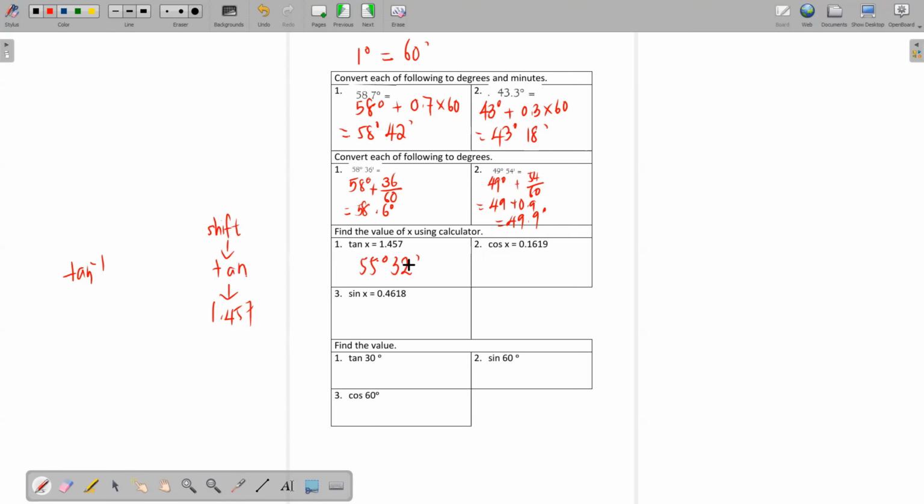Next, cos x is also the same. You press shift, then press cos, and it will appear as cos -1. When you key in 0.1619, you will get 80 degrees.